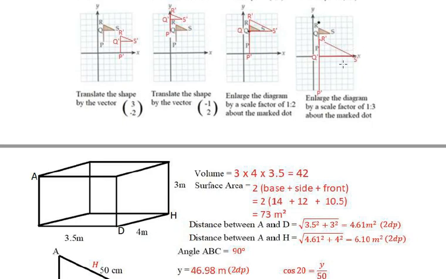Okay, so same thing over here. If we've got a different dot, now we have to look at how many spaces each point is from the dot. So R is 1 space from the dot. R dash should be, we're using a scale factor of 3, so we're making it 3 times as big. So if R is 1 space from the dot, then R dash should be 3 spaces from the dot.